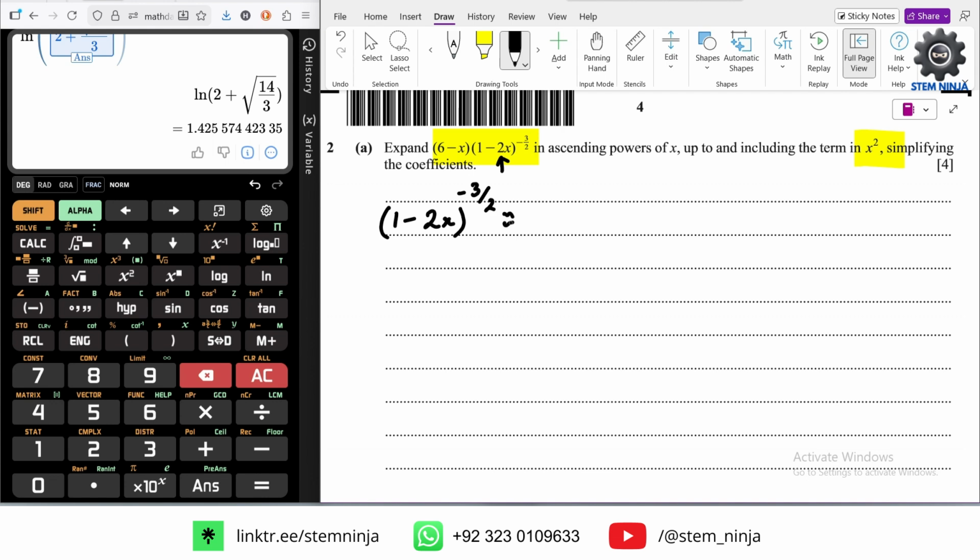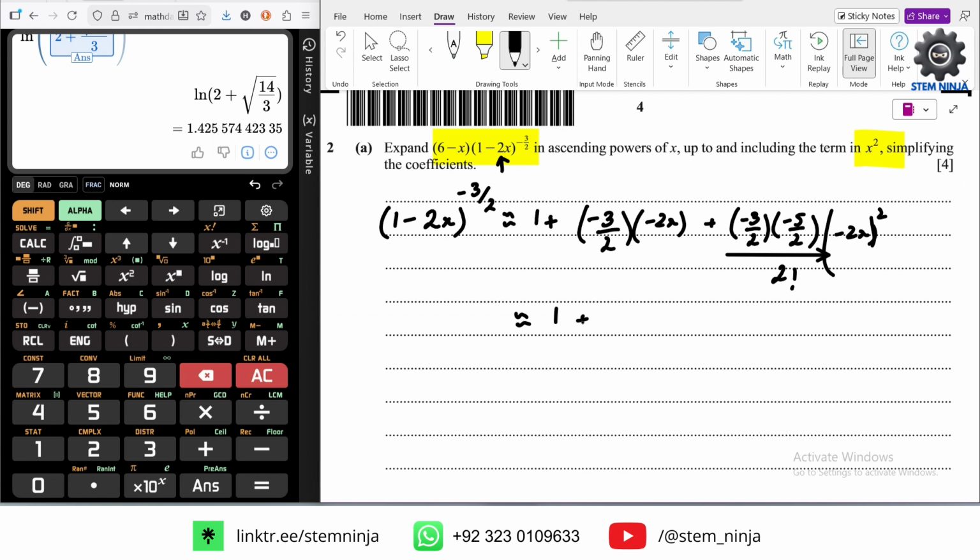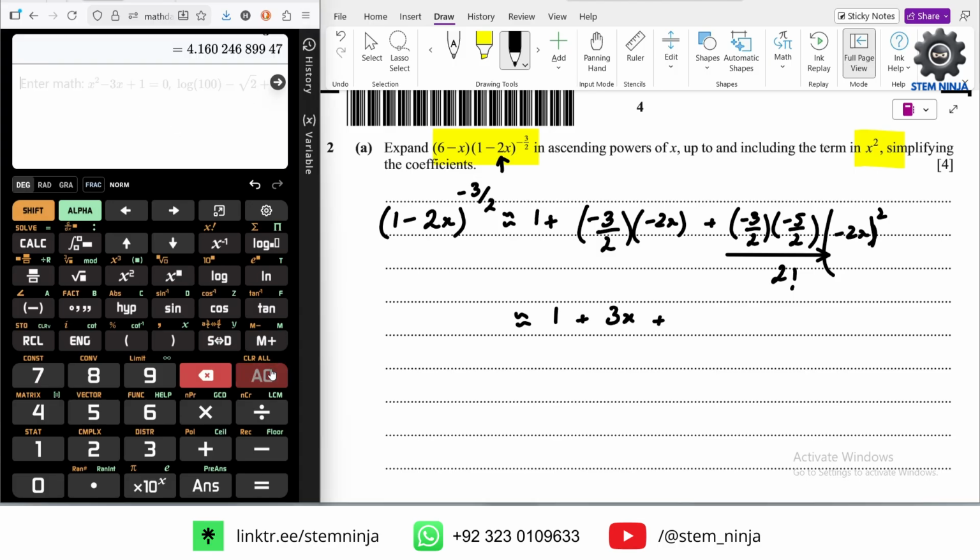Minus 3 over 2. So we remember the formula: 1 plus minus 3 over 2 times minus 2x plus minus 3 over 2 times minus 3 over 2 minus 1, this is minus 5 over 2, divided by 2 factorial times (minus 2x) whole squared. 1, this becomes 3x, and right.